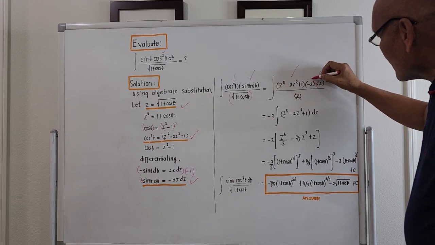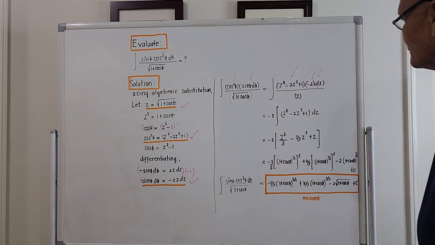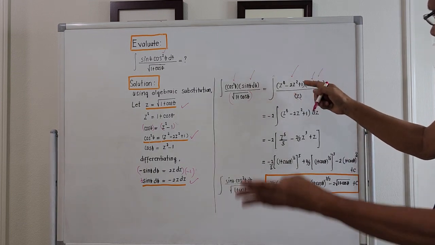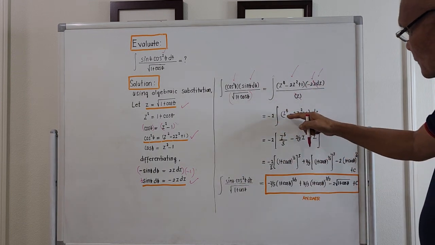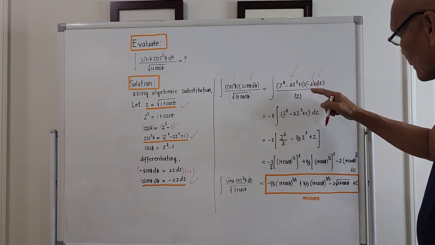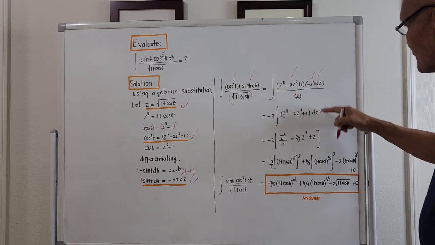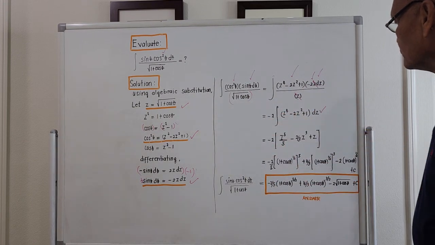Okay? There's a common factor negative 2. We bring it out. The integral, the first one, does not change. It will just be simply z to the 4 minus 2z squared plus 1 close quantity times dz. This negative 2, we bring it out.